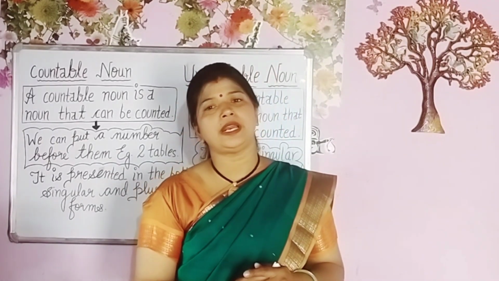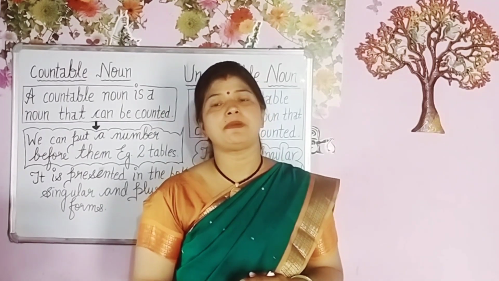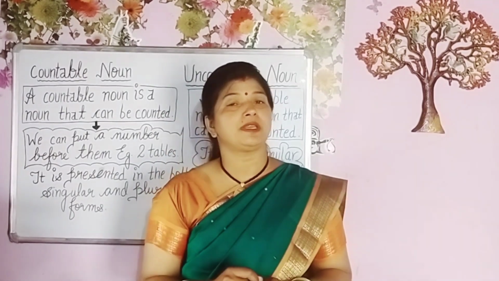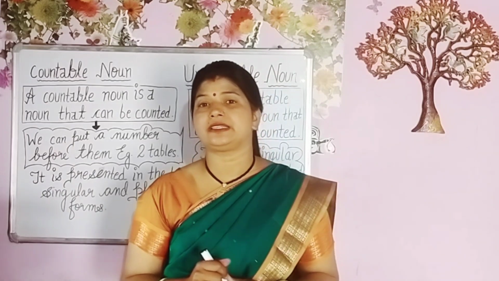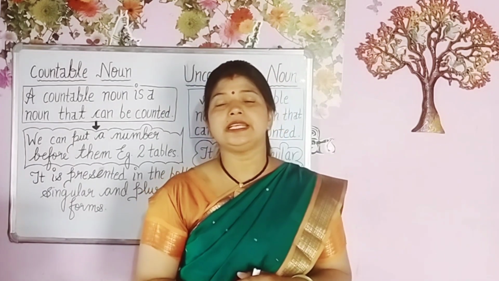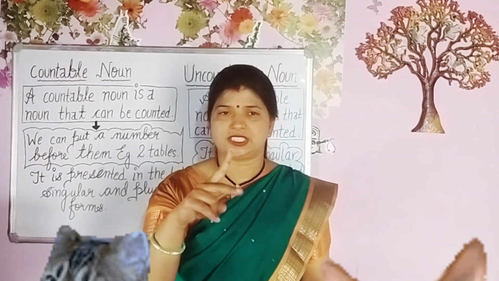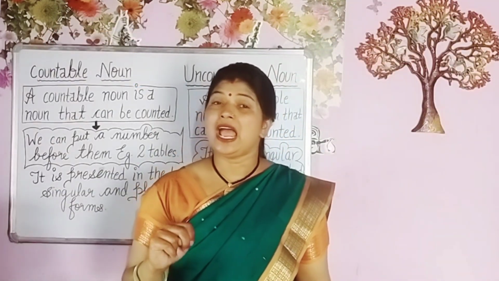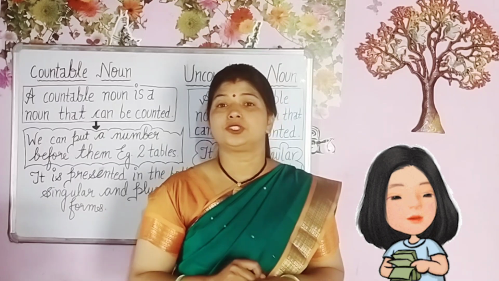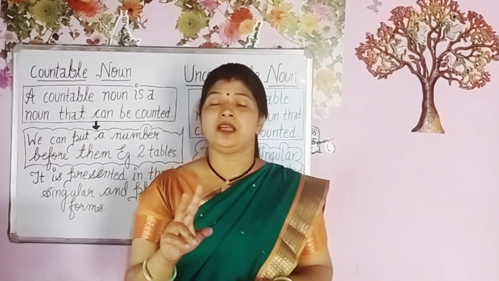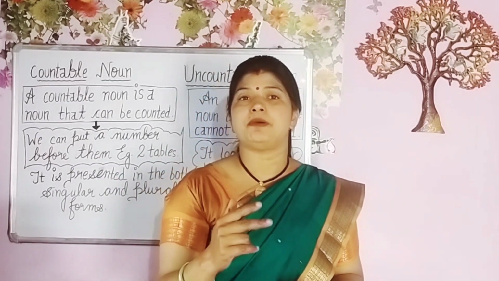And my dear students, sometimes it is represented by a number also. कभी कभी हम इसको number से भी represent करते हैं. For example, these are 2 cats. I have a 5 rupees note. So in this you are seeing that it is represented by a number also.